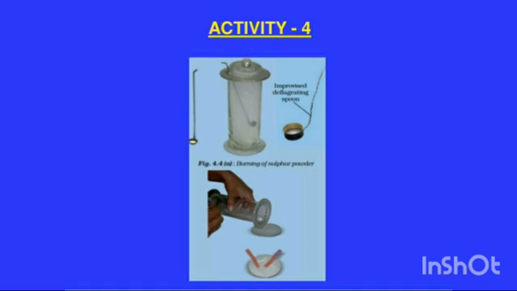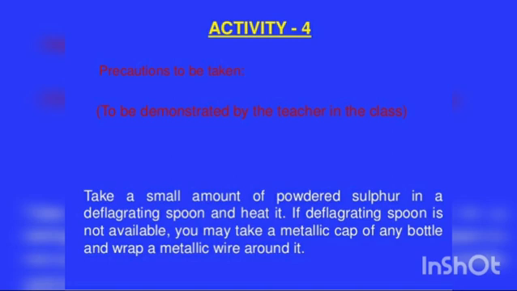Yes, children. One more activity I'll show you. Can you see the slide there? These are the apparatus used to do this activity. This is a cylindrical glass tube and some litmus paper and glass slides. For this, what we need?